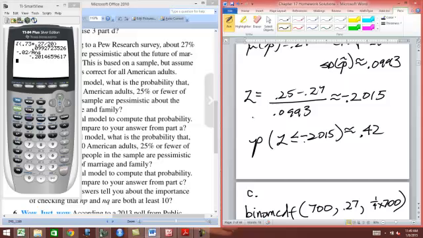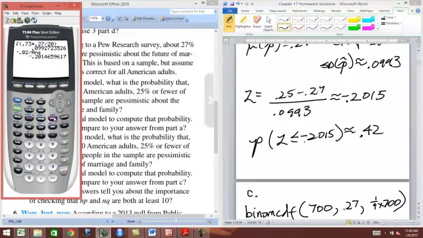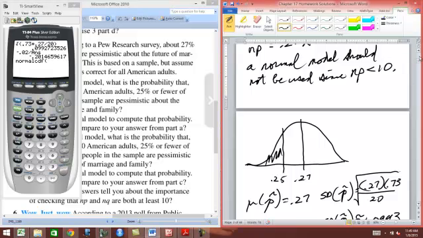All right, and now we will calculate the probability that the z-score is negative 2.015 or less, and we'll do second, vars, and normal CDF. And let's go back to the picture. So here's negative 2.015, and out here at the end of the tail is z equals negative 99.